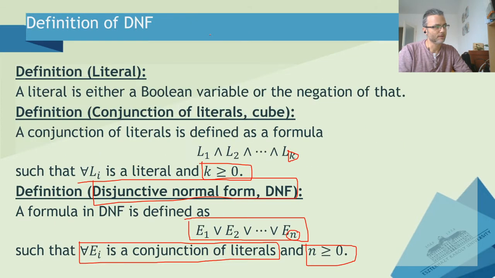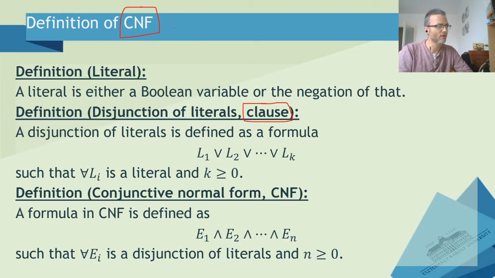CNF is also called clausal normal form. This is the abbreviation of both conjunctive normal form and clausal normal form.